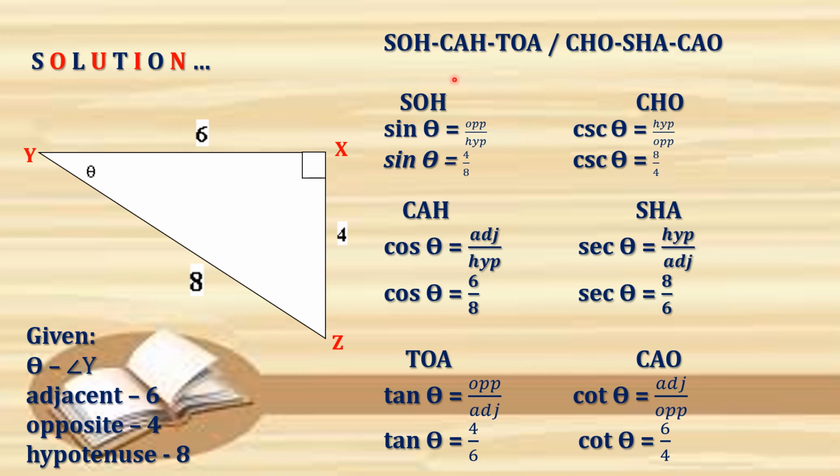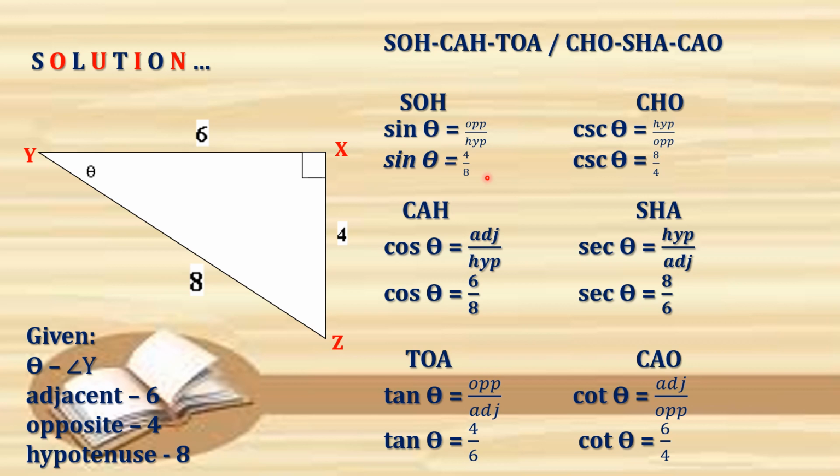By looking at the six trigonometric ratios, we're going to apply the mnemonics SOH-CAH-TOA, and CHO-SHA-CAO, which is the reciprocal of SOH-CAH-TOA. SOH stands for sine is equal to opposite over hypotenuse. So based from our given that the opposite side measures 4 and the hypotenuse measures 8, that's why sine theta is equal to 4 over 8.